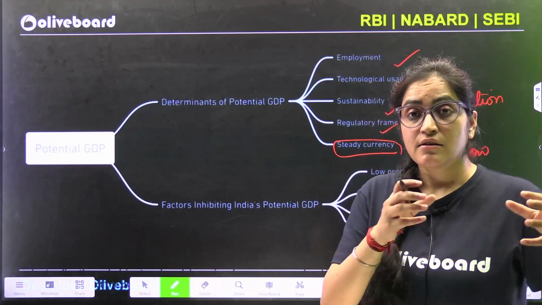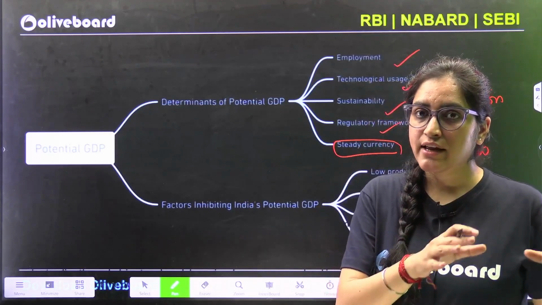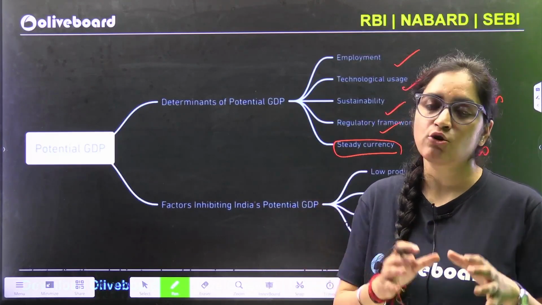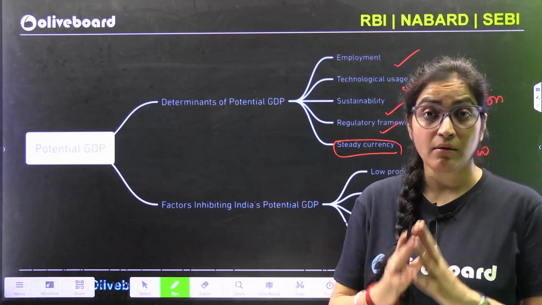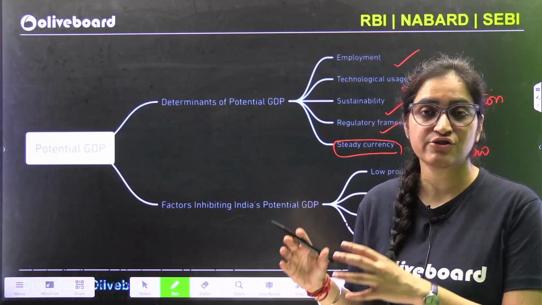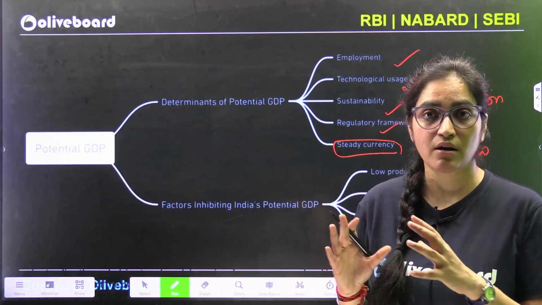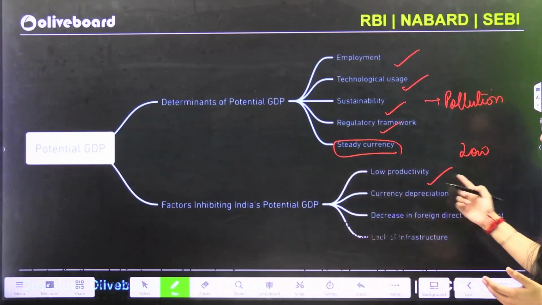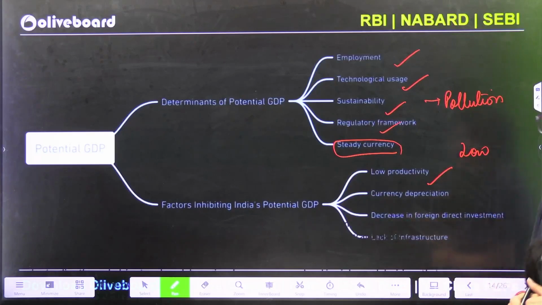Agriculture sector, specifically for research and innovation, the major amount of funding going into it is by government only. And government has financial restraint. Government cannot put in money beyond a certain limit, and that's why there is low productivity in our agriculture sector.